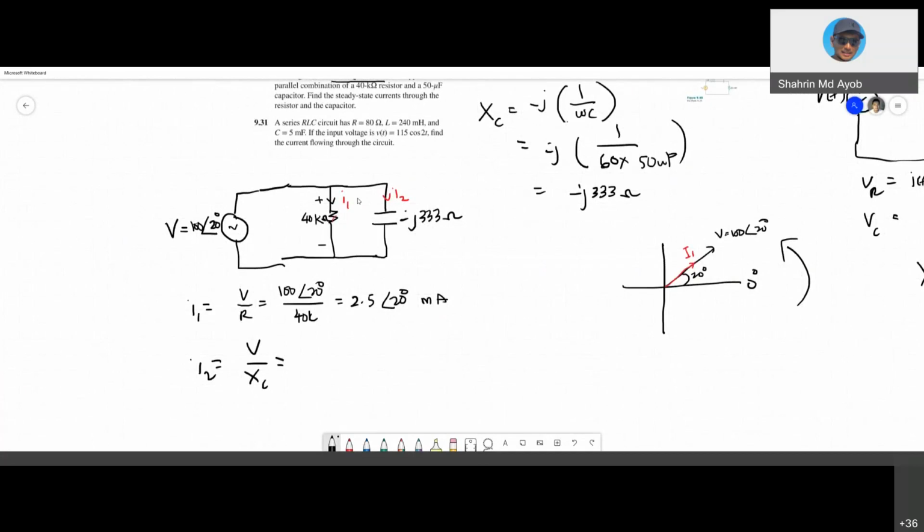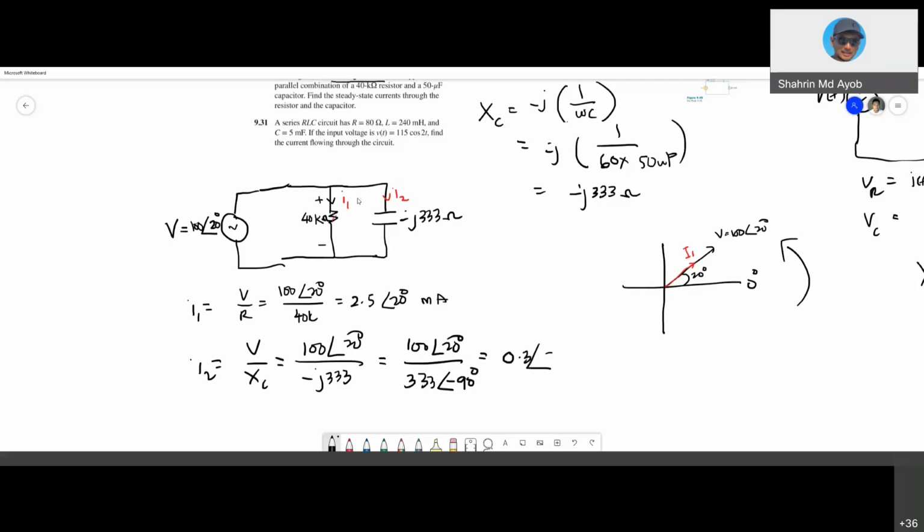Okay, so we continue. So 120 ohms. This one is negative J333. So this one is actually 120 degrees. This negative J333, if I convert into polar form, is actually negative 90 degrees. So the magnitude 100 over 333 becomes 0.3.